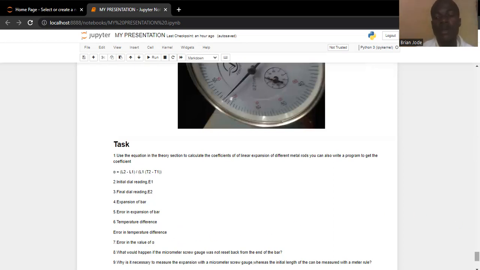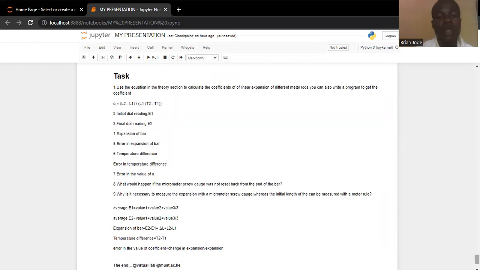That is what we've discussed, so students can try to tackle it. And why is it necessary to measure the expansion with the micrometer screw gauge, whereas the initial length of the bar can be measured using a meter rule? So there are some questions that can be asked during the analysis.